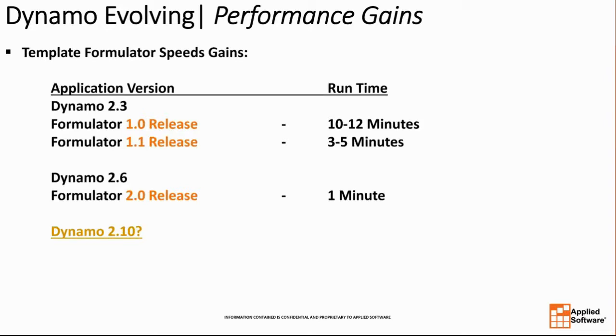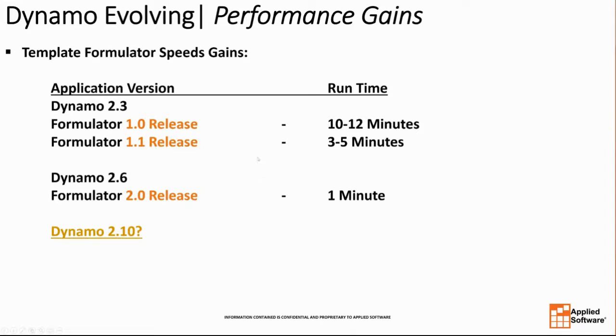And I thought, well, why not test it out on this template formulator tool? So I upgraded it into 2.6 and I ran it, and it was running in under a minute. So I didn't do anything besides take something that 9 months ago, or I guess 10 months ago, took 3 to 5 minutes. And then in the newest version, now it runs in 1 minute. So performance gains are huge.